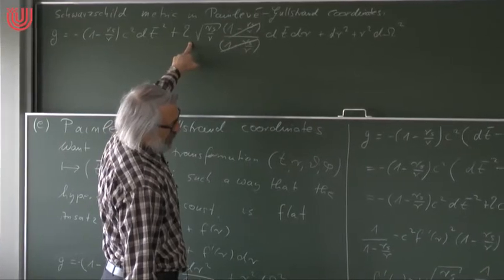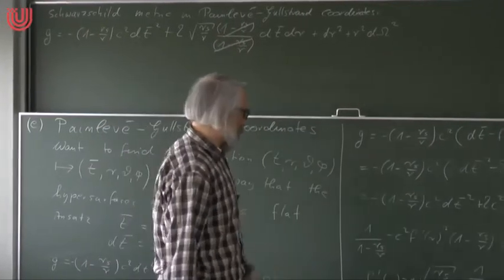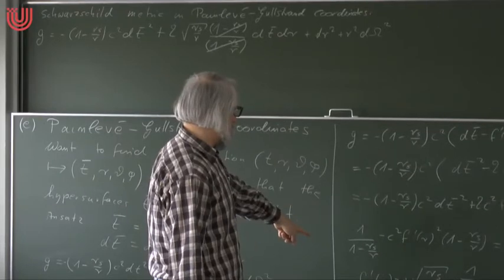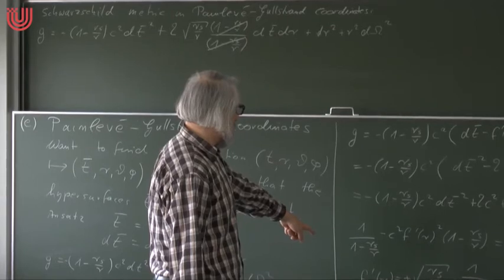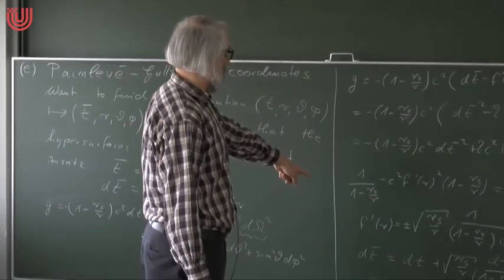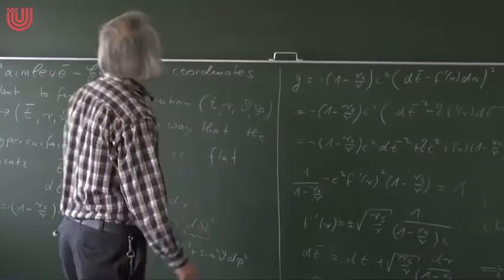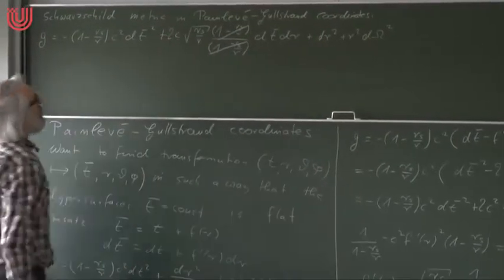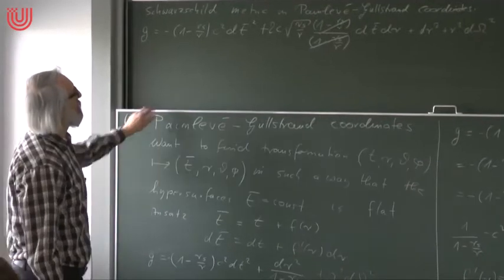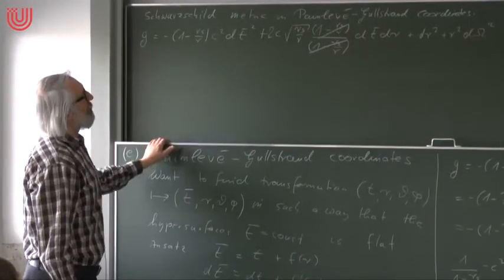Or does it go away? Let me see. F prime is... No, I think it goes away, right? Or only one survives. One survives, yes. I have a c squared in the numerator and a c in the denominator. Okay, I think that's it.